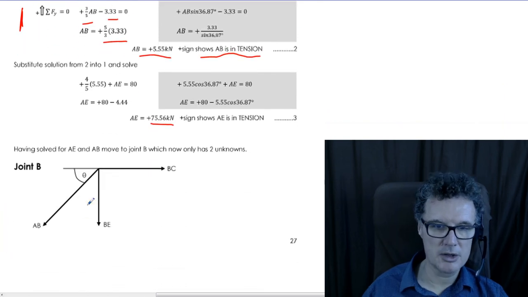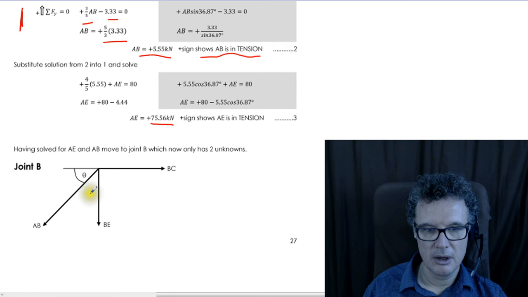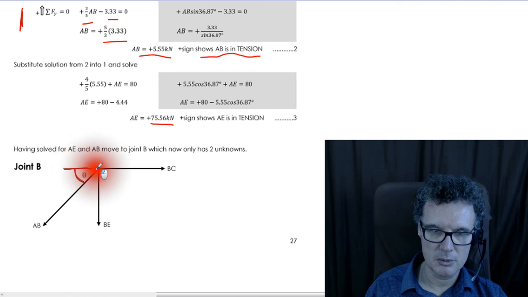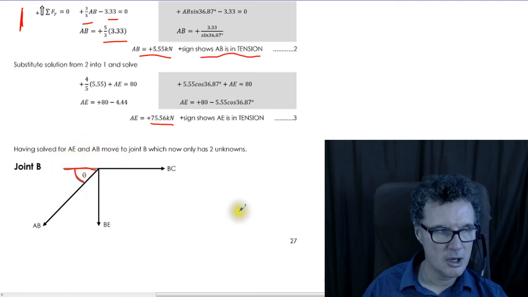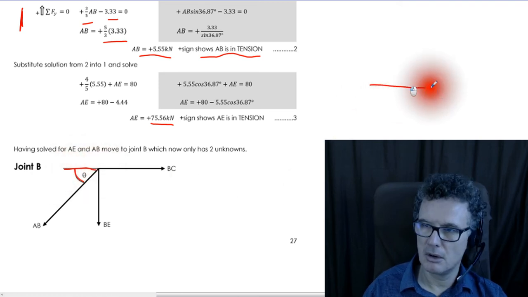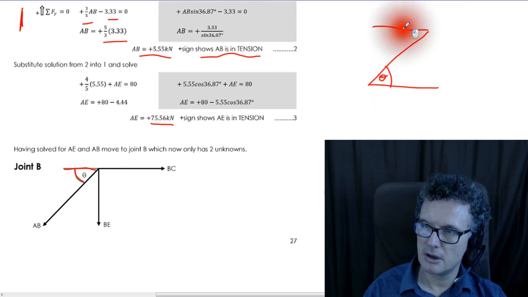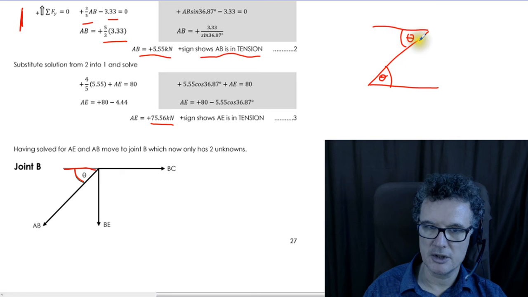So we're going to start at joint B here, and when I do my free body diagram for joint B, I want to put in where the theta is. So I've worked what that is using complementary angle. So I've got theta on this side, so draw a little z. That means we've got theta on that side. So that worked out.